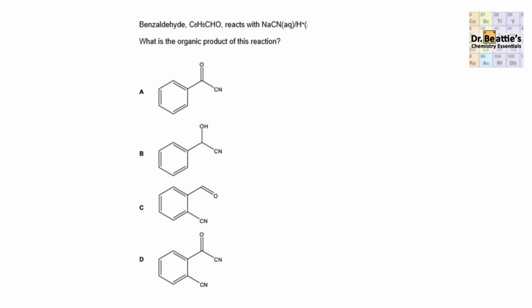Okay, so the answer for this one would be B. And the reason for this is, first of all, let's just draw benzaldehyde. You can see here that CHO means an aldehyde. Then we've got the benzene ring directly attached to it.